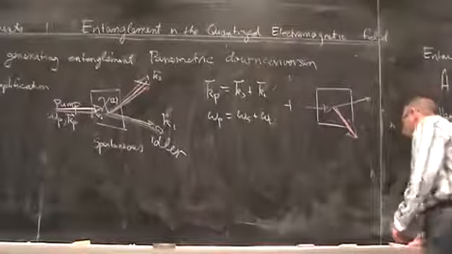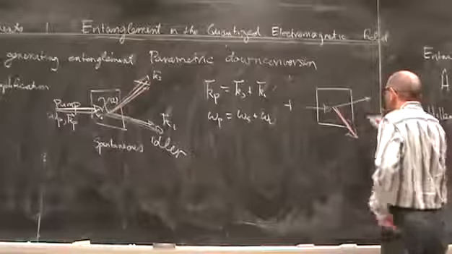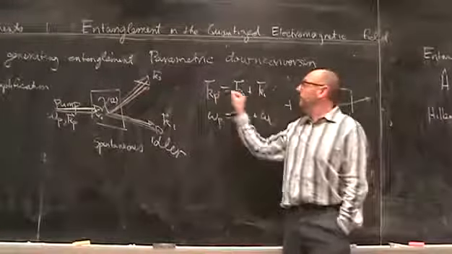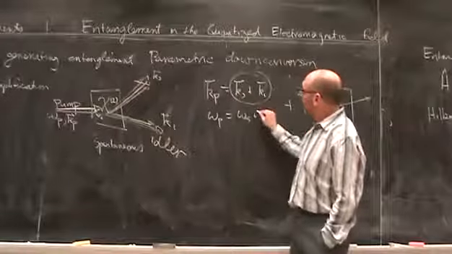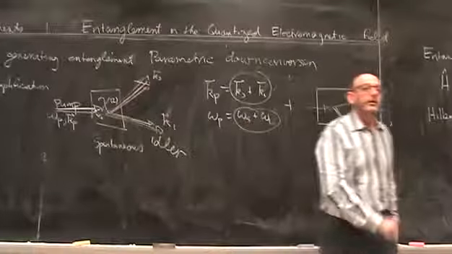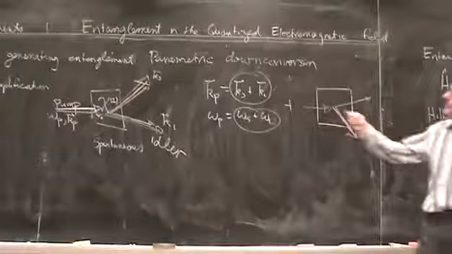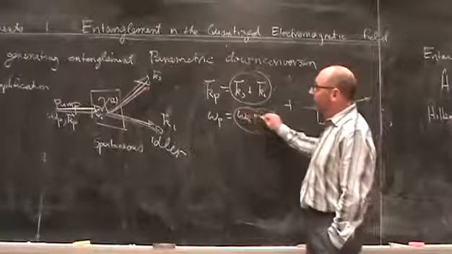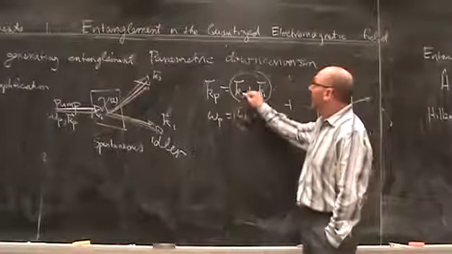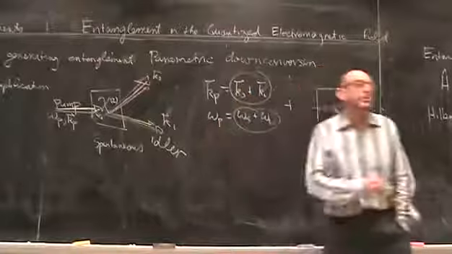So there are a whole collection of possible pairs of photons, of signal and idler photons, which can add such that their frequencies add to the pump and their momenta add to the pump.